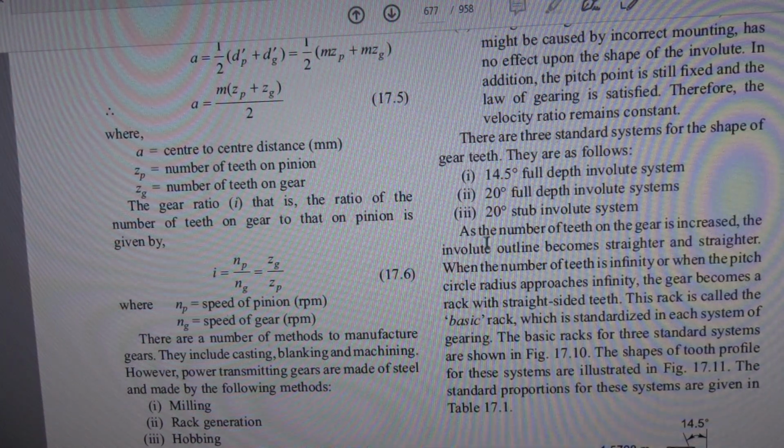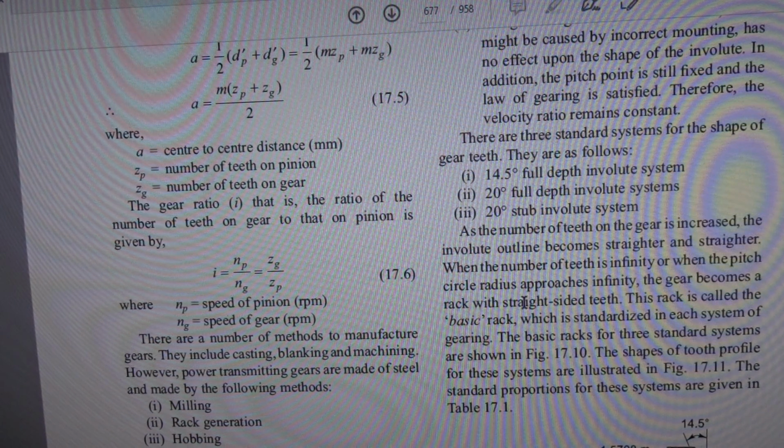So I explain it: as the number of teeth on the gear is increased, the involute outline becomes straighter and straighter. When the number of teeth is infinity, or when the pitch circle radius approaches infinity, the gear becomes a rack with straight line teeth, which is shown in this diagram.